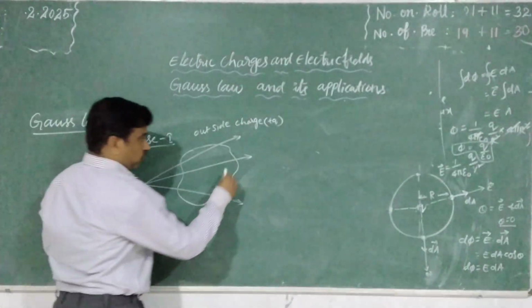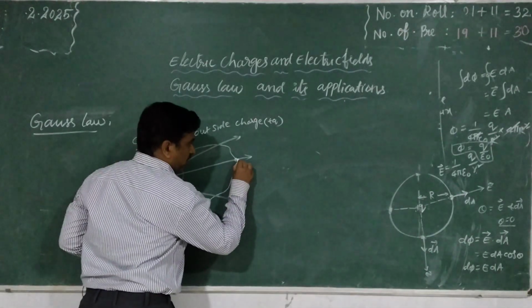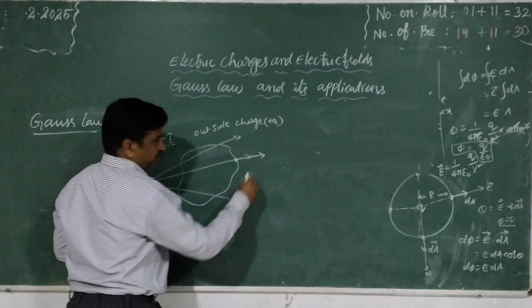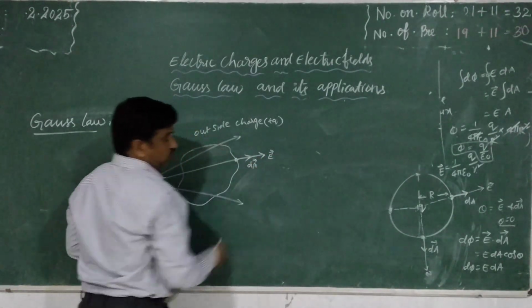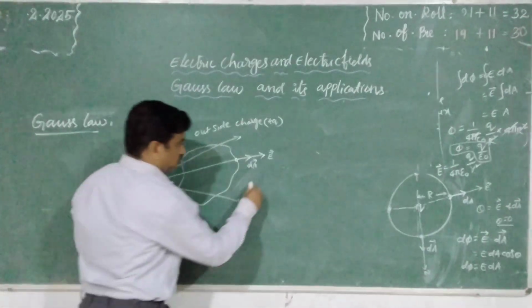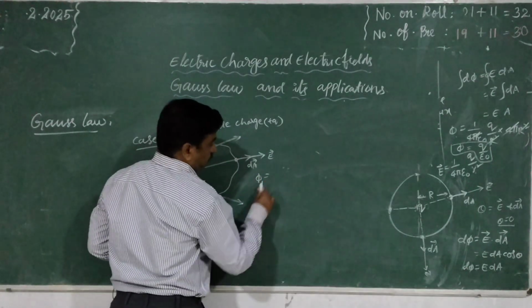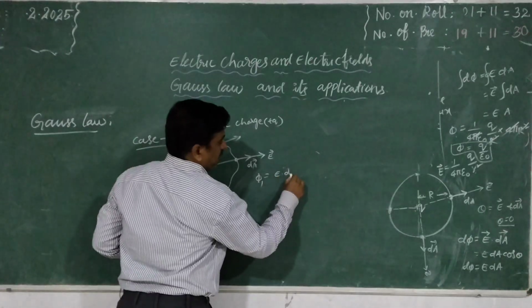For that, we can take a small area. This is the electric field vector and this is the area vector, both in the same direction. What is the flux through this one? Flux phi 1 equals E dot dA.